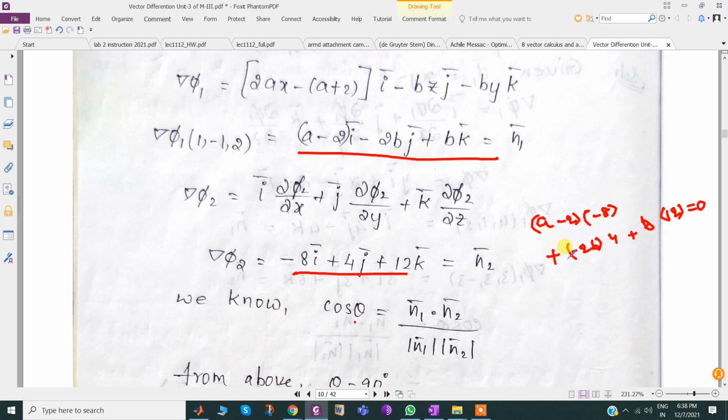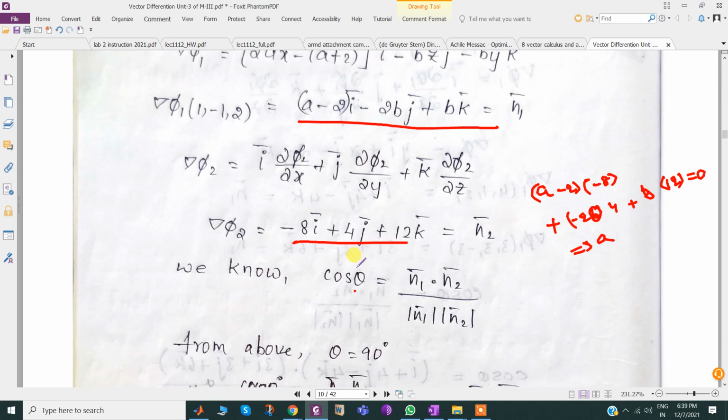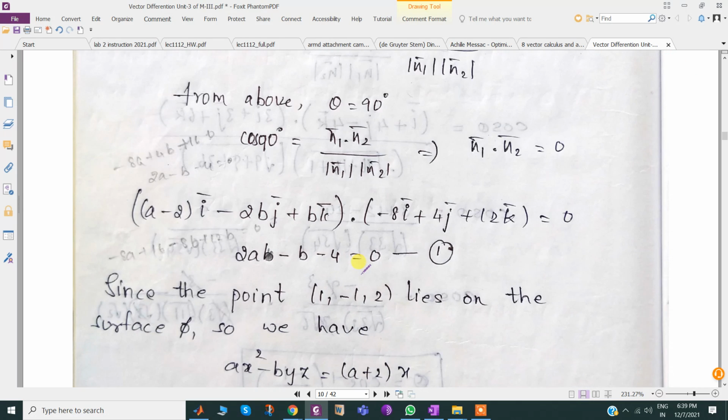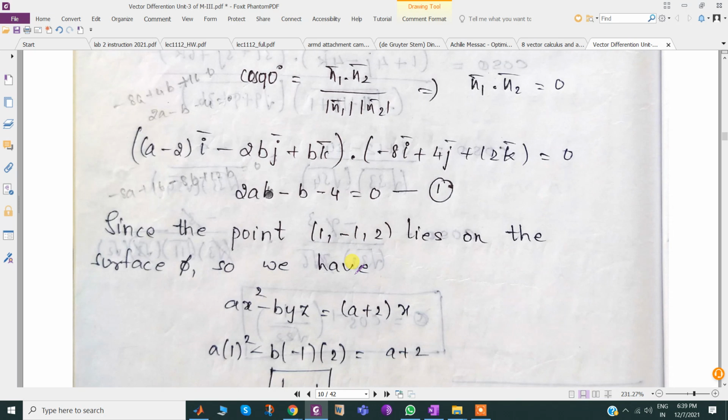Now if we simplify, before that, b equal to 1 we already know. So substitute b equal to 1, then I may get a value. This is the logic. So 2a minus b minus 4 equal to 0.